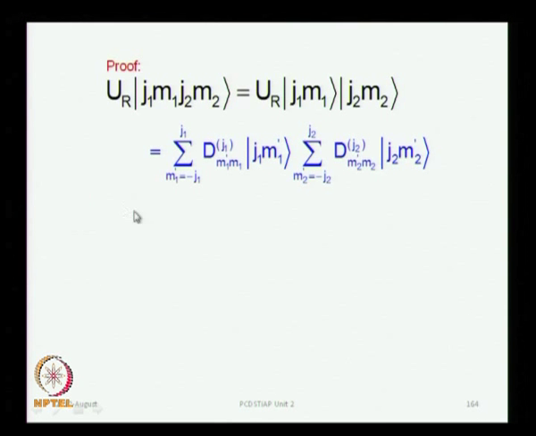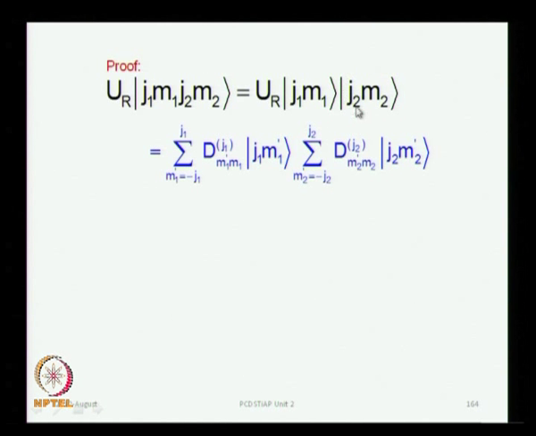You carry out a sum over a dummy index M1 prime from minus J1 to plus J1, and the coefficients will of course be the Wigner-D matrix elements in the factor states.